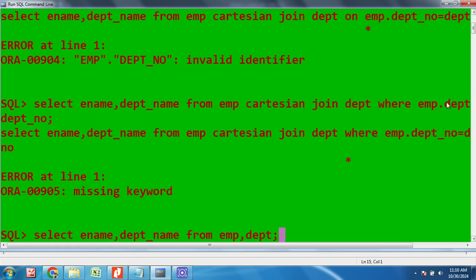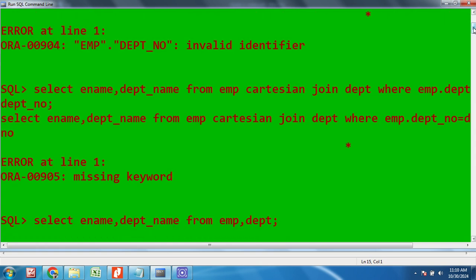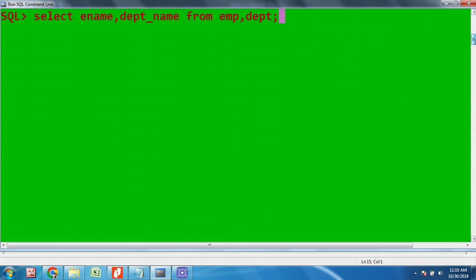The correct syntax for Cartesian join is select ename, dept name from emp comma dept. Just write like that. This is a frequently asked, practical based question. In every command except the Cartesian join, I have written the name of the join: left outer join, right outer join, full outer join.